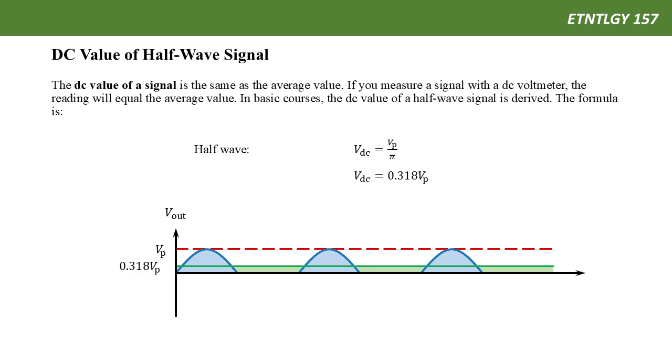If you use a calculator and enter 1 over pi, we get a decimal that equals 0.318. So the second expression, just another way to show the same formula, can be rewritten as 0.318 times the peak voltage.